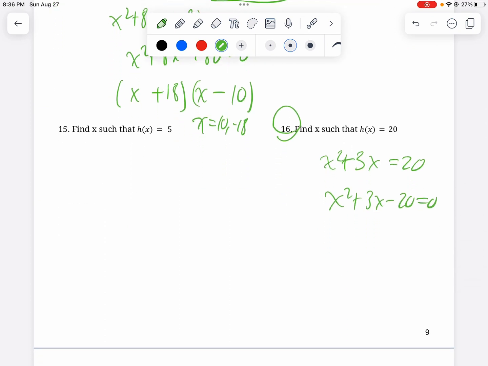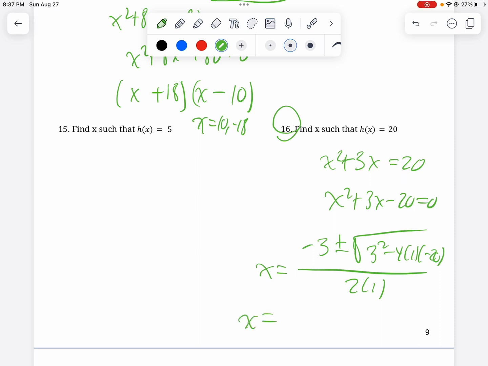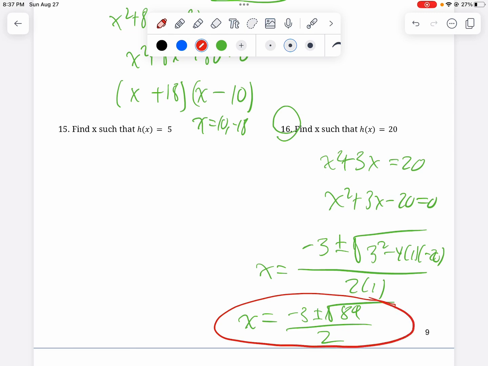So I'm going to do quadratic formula. Opposite of b plus or minus the square root b squared minus 4ac all over 2a. It's going to give me my 2 x values. I'm going to simplify what's under the square root. 9 plus 80 is 89. And I'm done. The thing under the square root, the 89, doesn't simplify, and so I'm done.